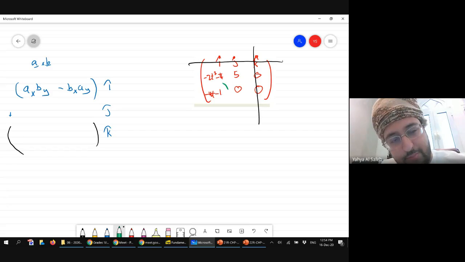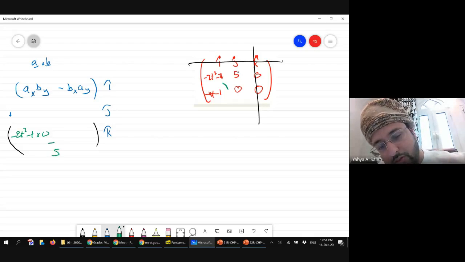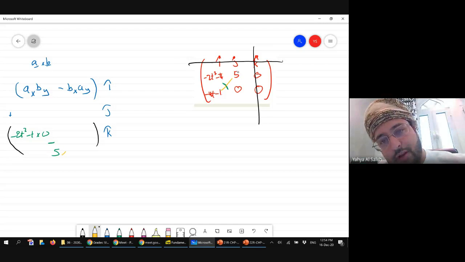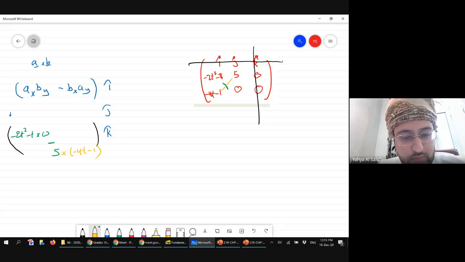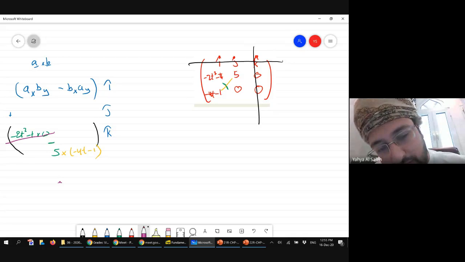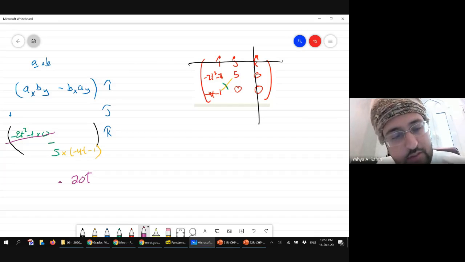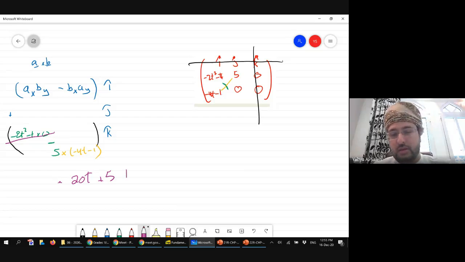So I have minus 2t squared minus t times 0 minus 5 times minus 4t minus 1. This just goes to 0 because I'm multiplying by 0. This will give me minus 5 times minus 4 is 20t, minus 5 times minus 1, 20t plus 5 in the k direction.